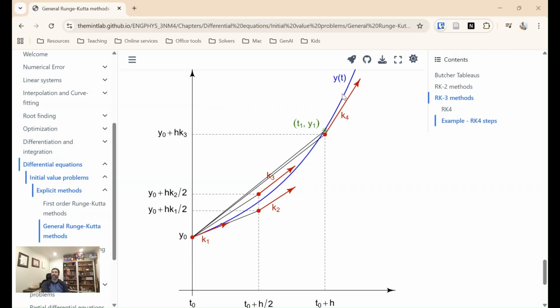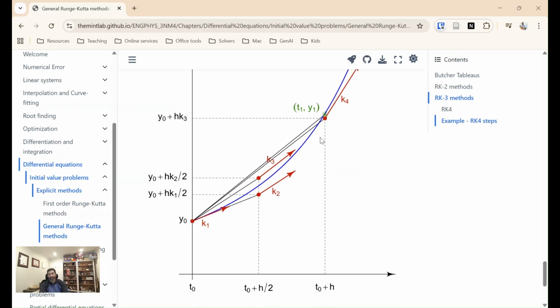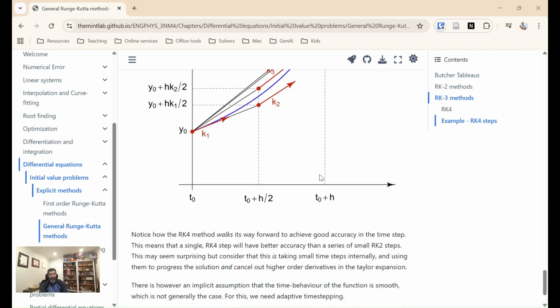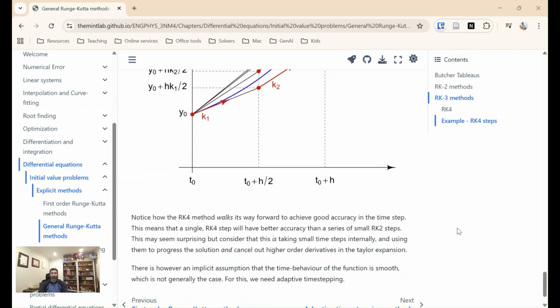You calculate yet another slope, and then you slam them all together, and sure enough, you get this nice step, which finds it very well. It's highly accurate. It's a little bit convoluted how you get to this, but the fact that you achieve fourth order accuracy for a global case, fifth order locally, is very, very impressive.